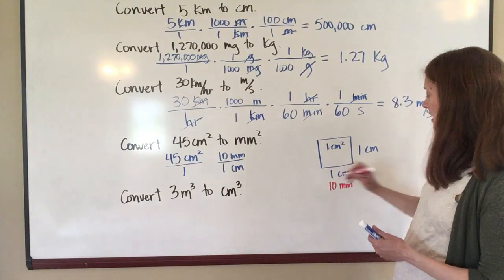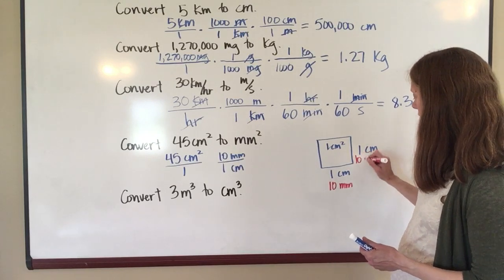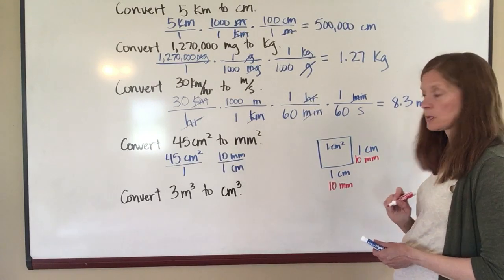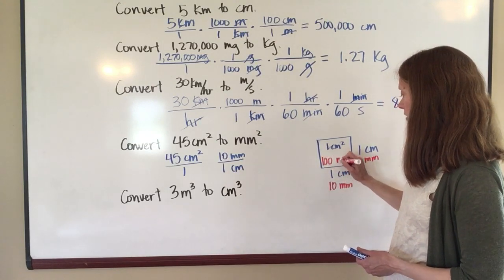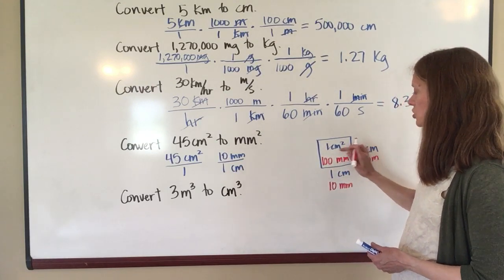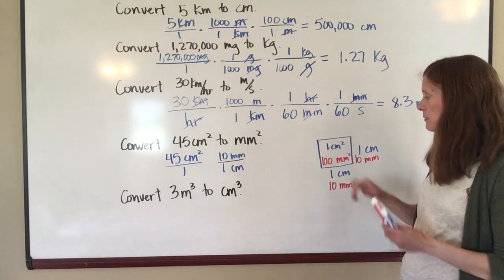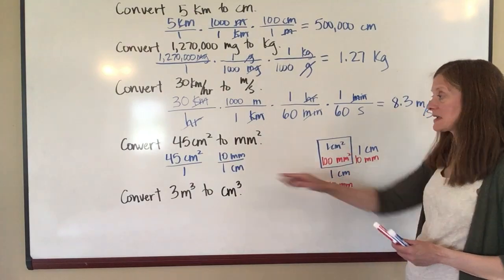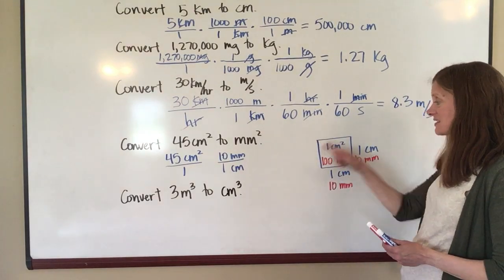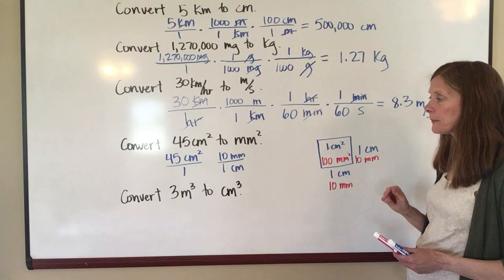So this square is 10 millimeters this way, and it's 10 millimeters this way. 10 times 10 is 100 millimeters. So 1 square centimeter is the same as 100 square millimeters. I can't use this conversion factor because it doesn't match this over here.